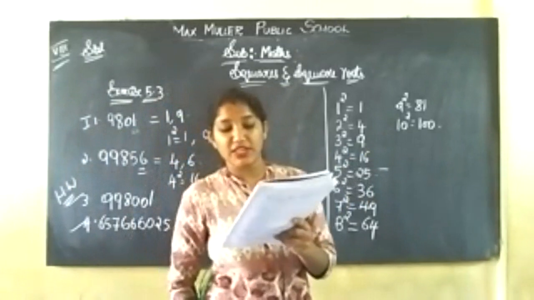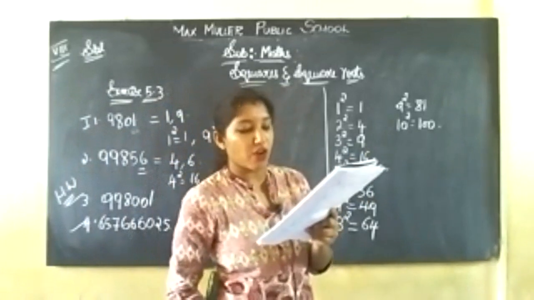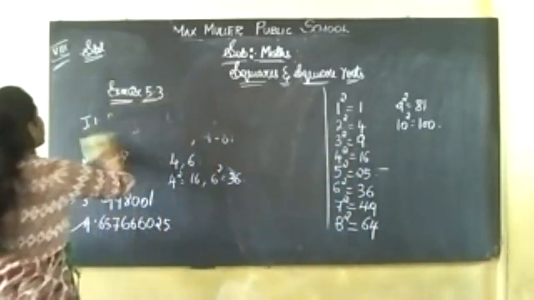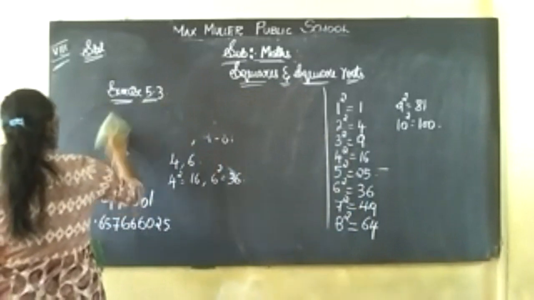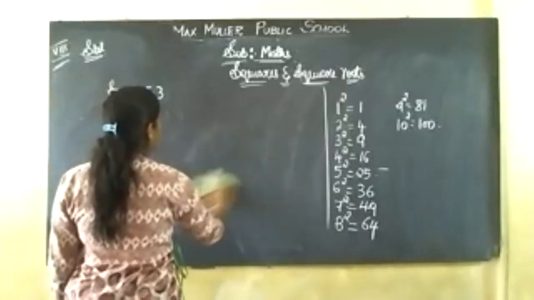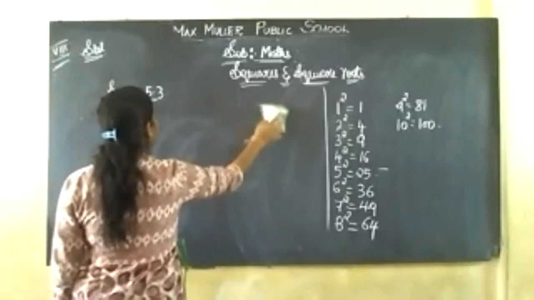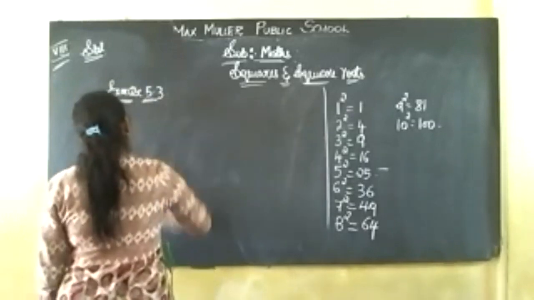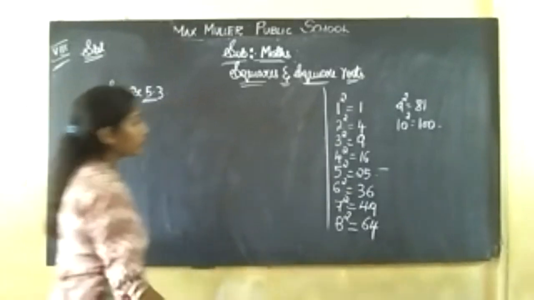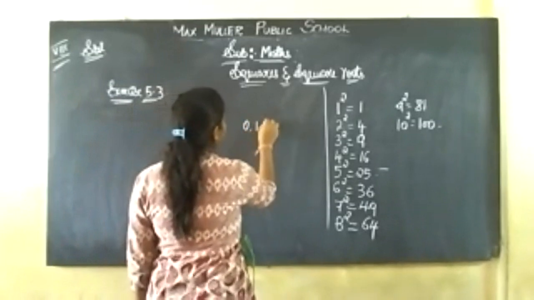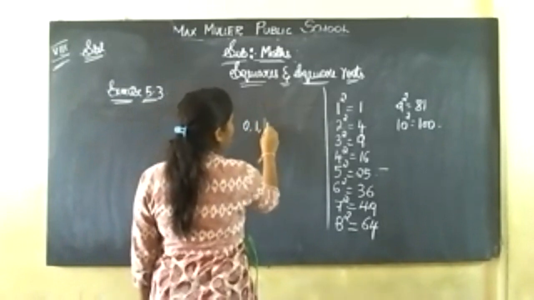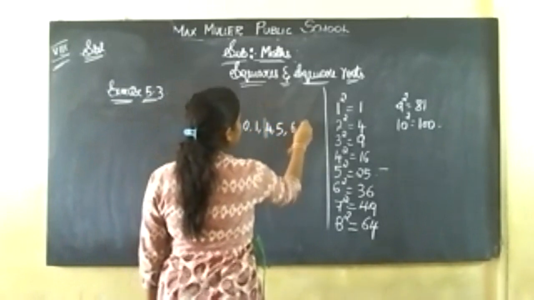Without doing any calculation, find the numbers which are surely not perfect squares. Without calculation, you can find out whether a number is a perfect square or not. How is it possible? I explained in the first class when I started the chapter squares and square roots. There are some properties: a perfect square ends with 0, 1, 4, 5, 6 and 9.